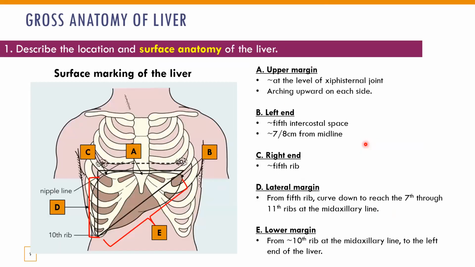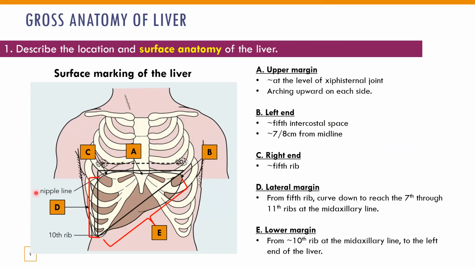This is the surface anatomy of the liver. How can we mark the liver? Besides the location in the abdomen, the surface marking of the liver is really important too, so you have to know how to describe it.